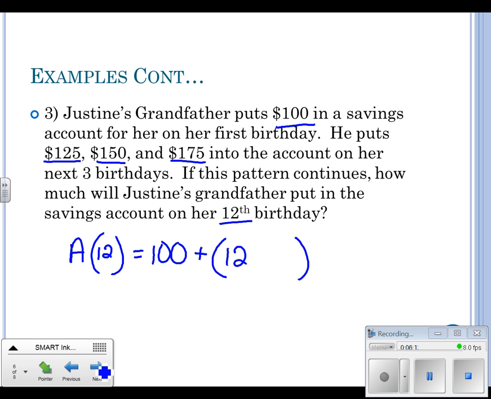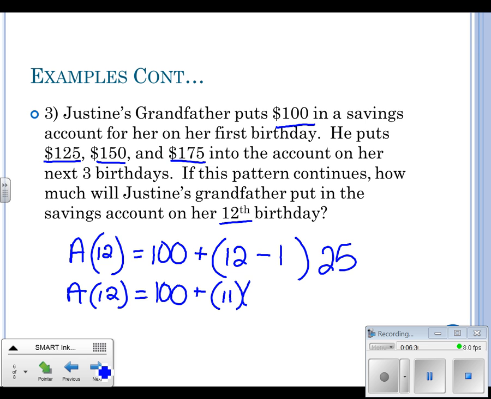So 12 minus 1, and then times d, which is the common difference. And that would be 25 because that's what it's constantly going up by. So if I simplify this, A of 12, I have 100 plus 11 times 25. And when you do 11 times 25 plus 100, you get a total of $375.